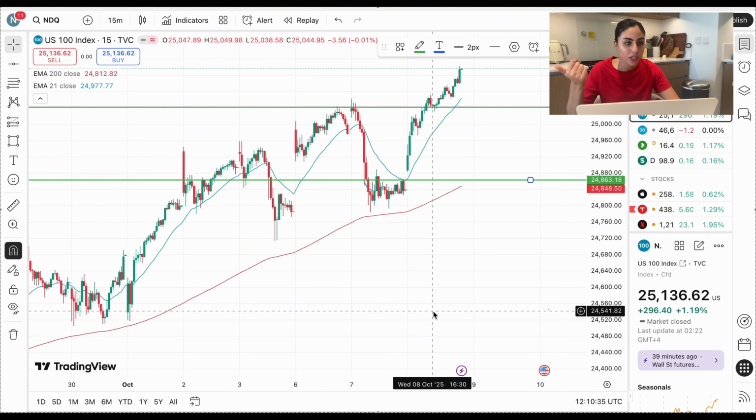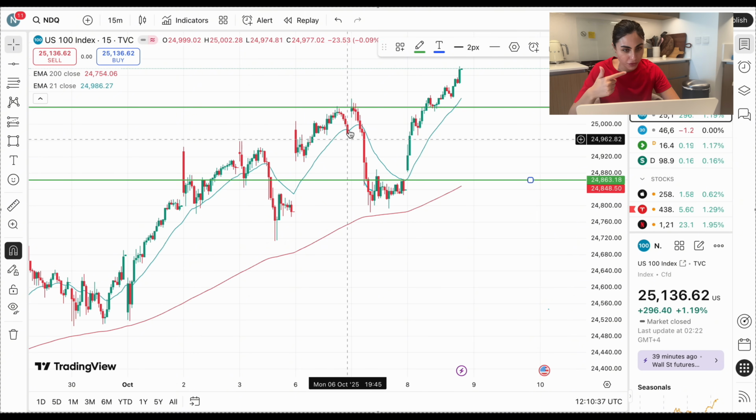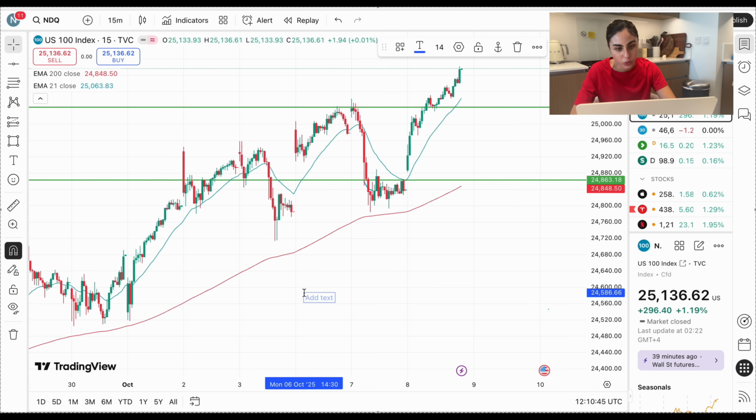So essentially what we just did, just to reiterate so you don't forget: number one, we looked at the overall time frame to figure out the market direction. Number two, we looked on the hourly and it confirmed our market direction.